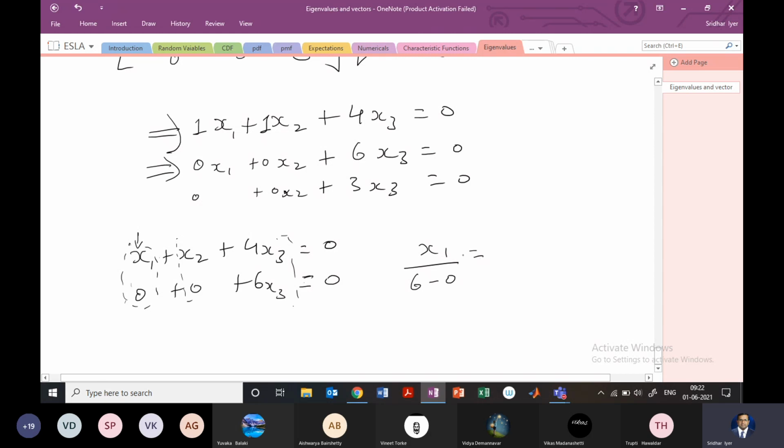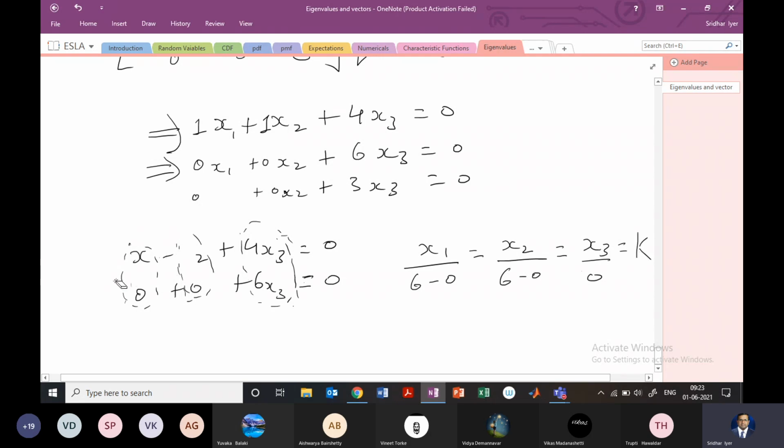That will be equal to, now if I come to x2, I will ignore this part and I'll have 6 into 1 minus 4 into 0. So I'll have 6 minus 0. And if I come to x3, I will ignore x3 and I will get 0 into 1 plus 0 into 1. Therefore, I will get x3 divided by 0 and that value is equal to some constant k.